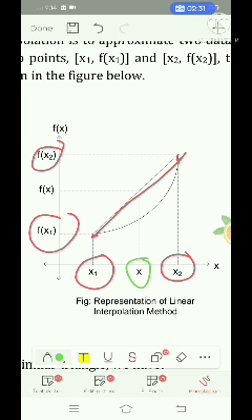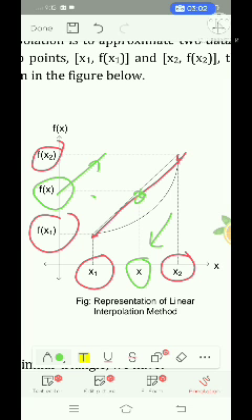What will be the value of f of x? That is usually the question. What will be the approximate value of f of x if we are to approximate at this value? Okay? So in order for us, class, to determine the value of f of x, you can use the method of linear interpolation.